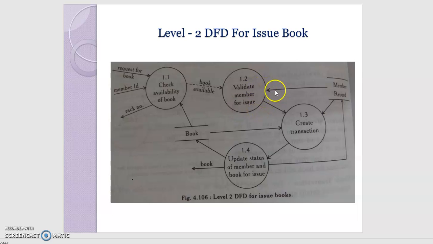This process is connected to the member record data store. If that happens, then it has the create transaction option. If the book is booked, then it will create the transaction and update the book. Then the book is given to the student.